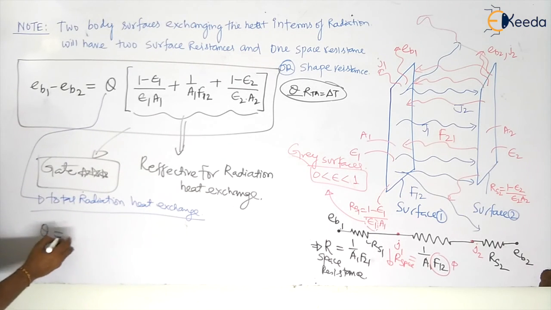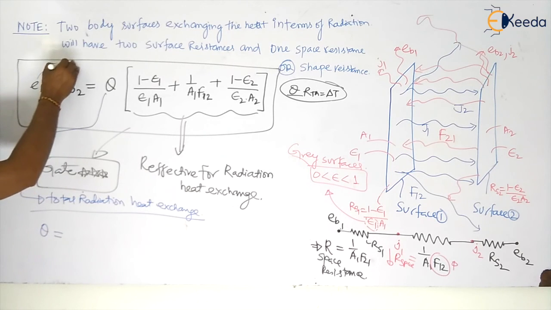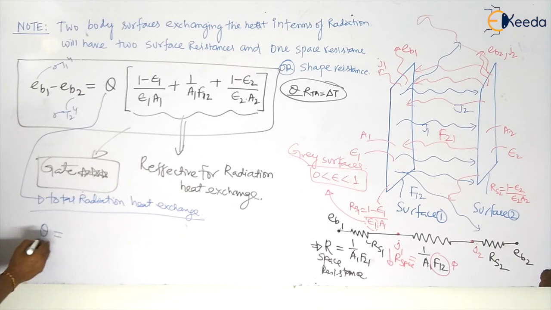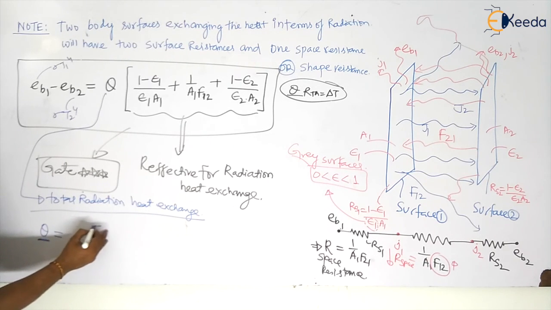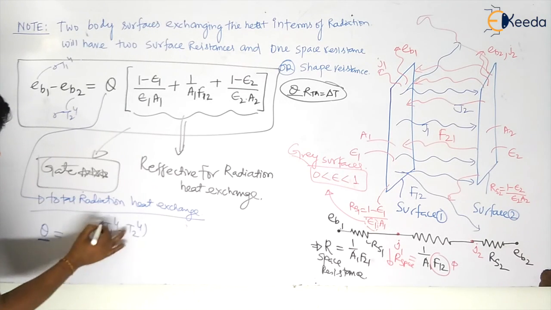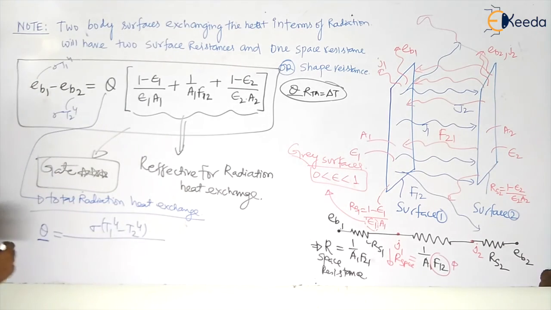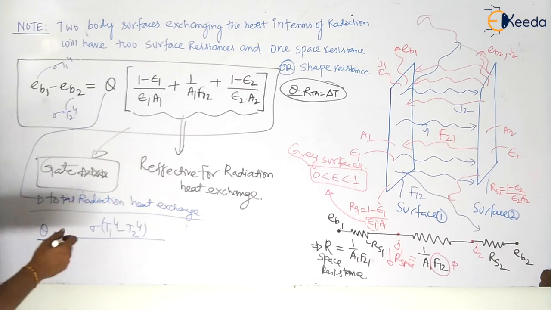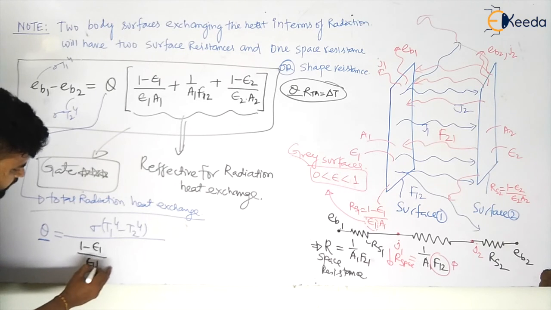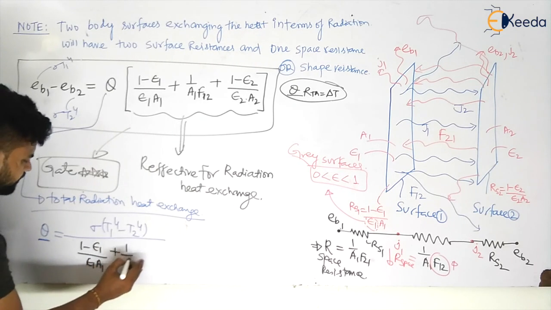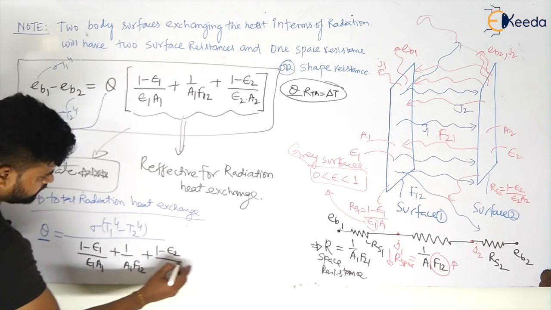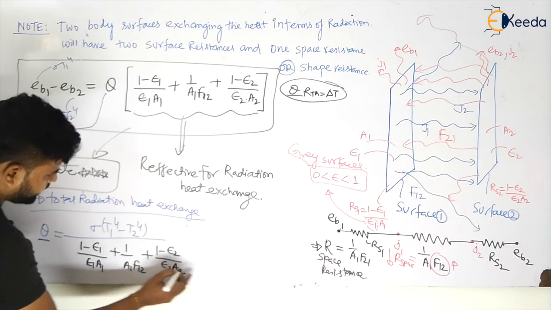So can I calculate this? Yes. Q will be equal to EB1, which is sigma T1 to the power 4, minus EB2, sigma T2 to the power 4. So the net radiation heat exchange Q will become equal to sigma (T1 to the power 4 minus T2 to the power 4) divided by (1 minus epsilon 1) upon epsilon 1 A1, plus 1 upon A1 F12, plus (1 minus epsilon 2) upon epsilon 2 A2, my dear students.